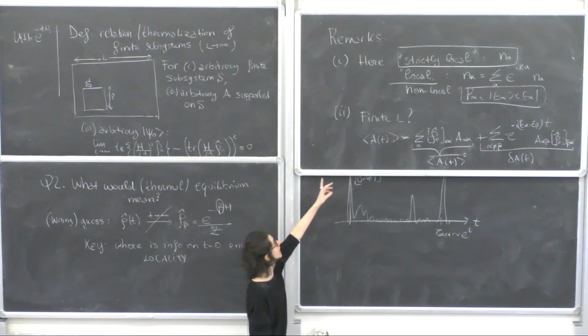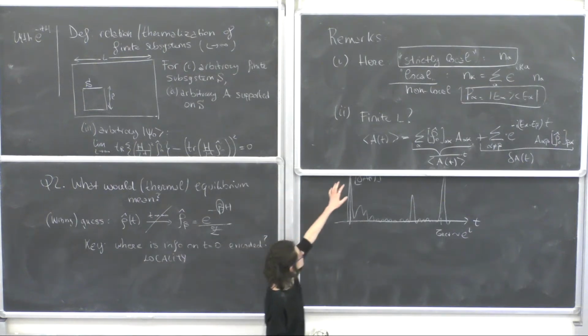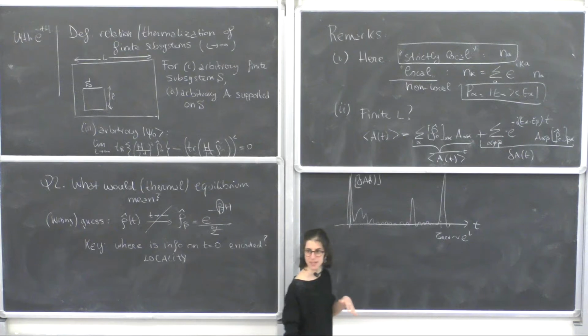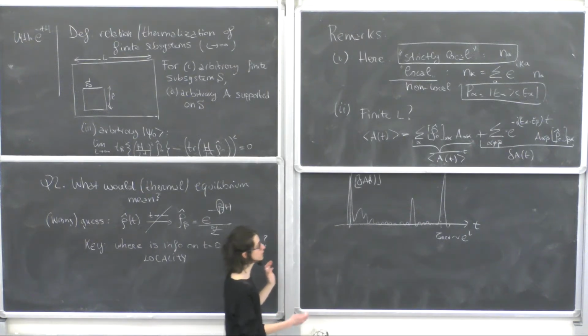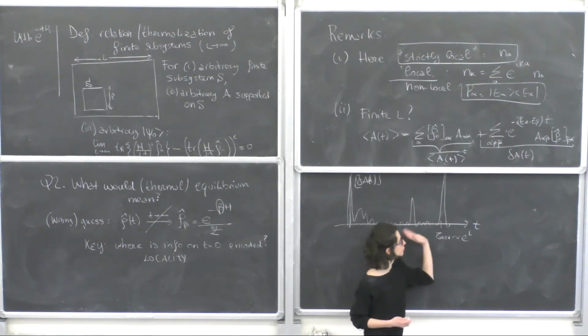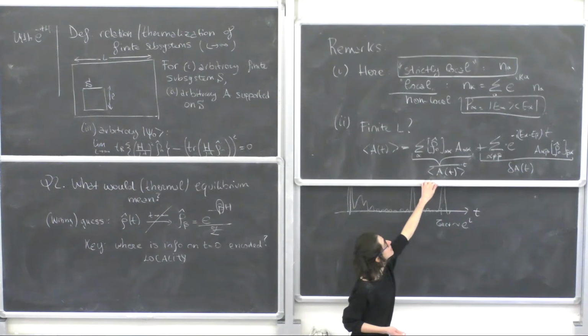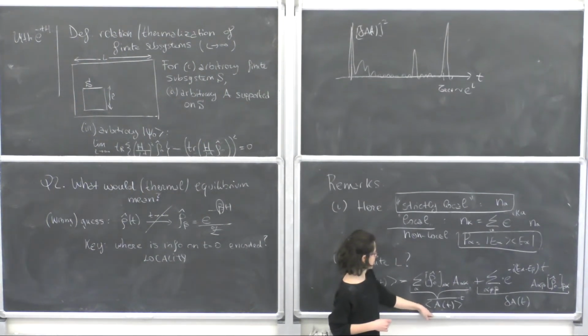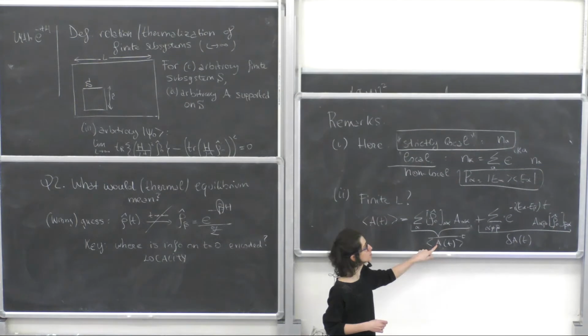This is why I was asking for the size of the system going to infinity: you want to push these timescales away from your observation window, so you take L going to infinity before looking at the long time limit, and then you can hope that your observable reaches a stationary value.